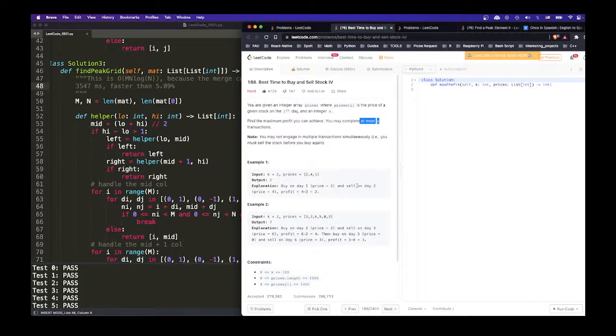Man, I forgot how this is done. What is considered a 1 transaction?